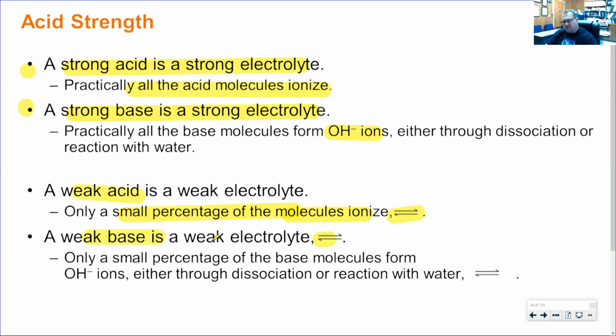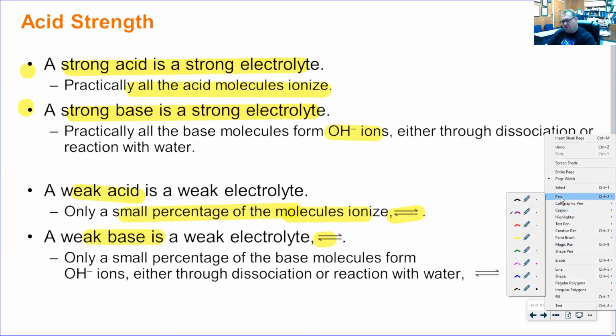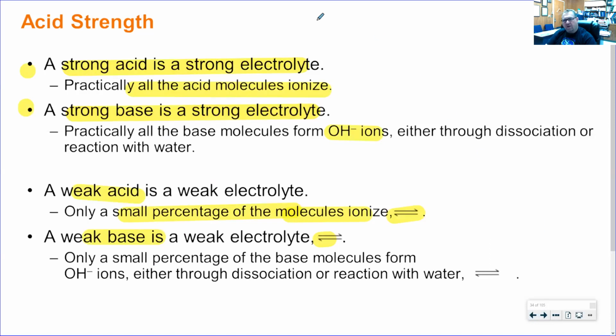The converse side of that is when we represent the strongs with a forward arrow. So an example of a strong acid, it would 100% dissociate. We would draw a single arrow, and that single arrow is representing 100% of the strong acid dissociates into the proton and the conjugate base.